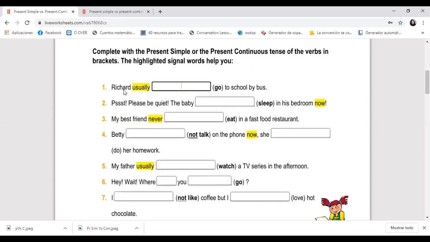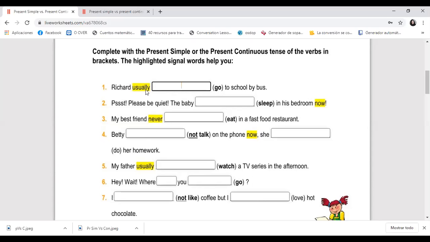And pay attention that we are saying that Richard usually goes to school by bus. So are we talking about what he is doing now, or about a routine or a habit that Richard has?